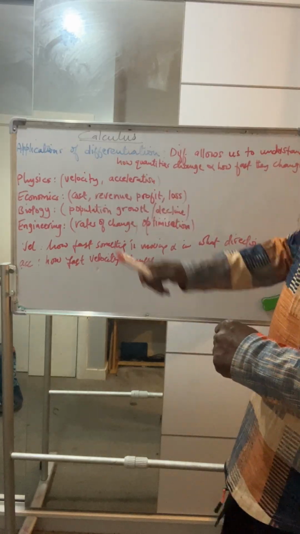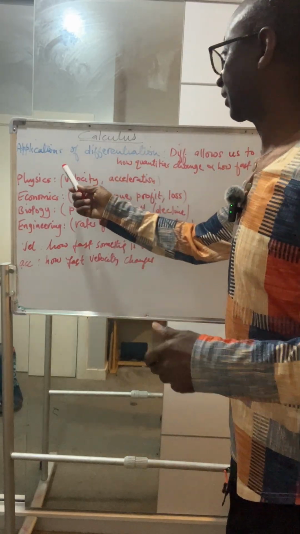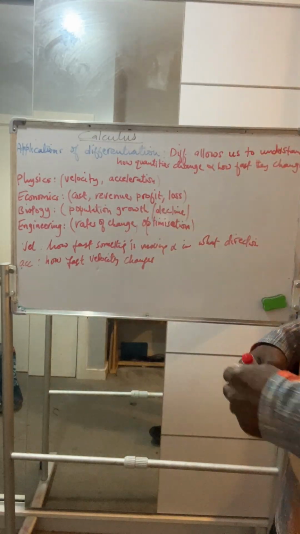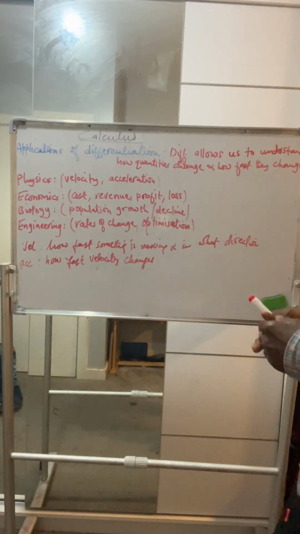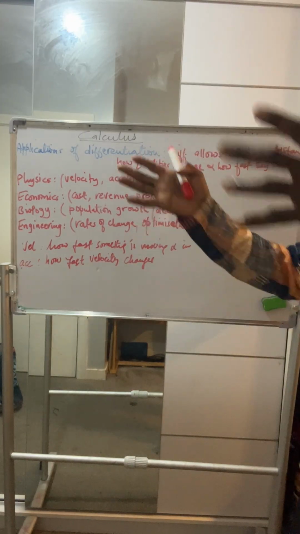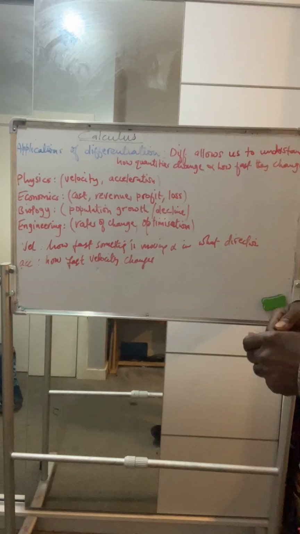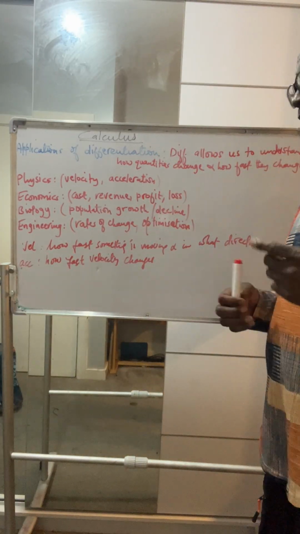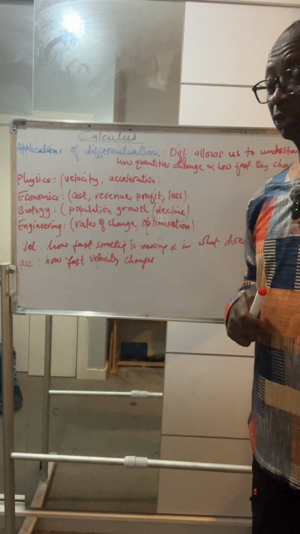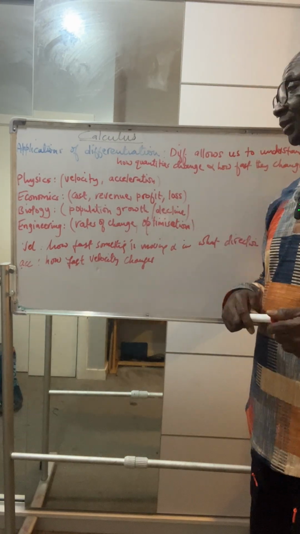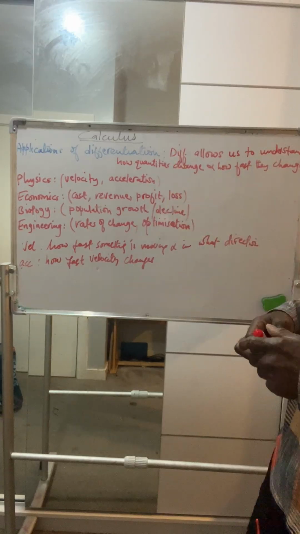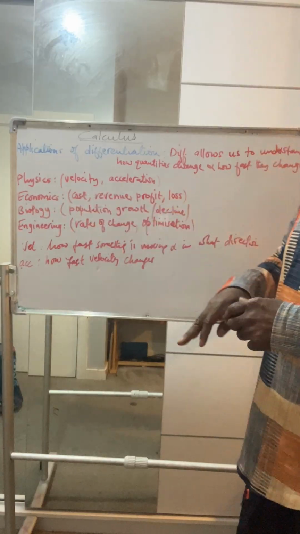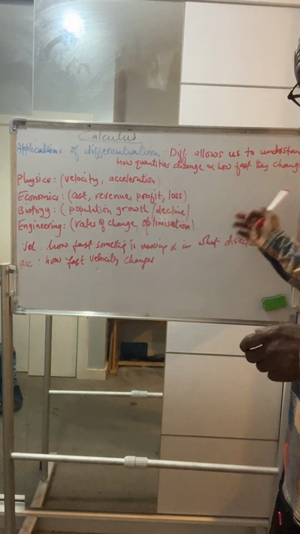In economics, we use the application of differentiation, for example, when you want to calculate costs. You are doing a business, how much you spend to buy your materials, the revenue that comes in, you calculate profits. Where there is profit, you should also expect loss. So differentiation is applied in the context of economics: cost, revenue, profit, loss, and other things.